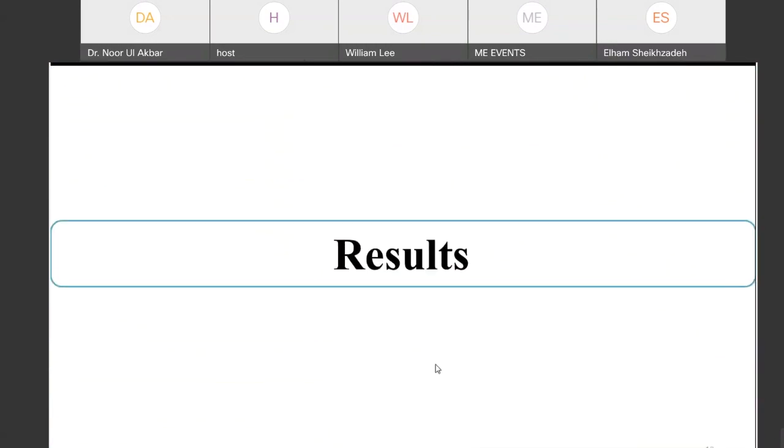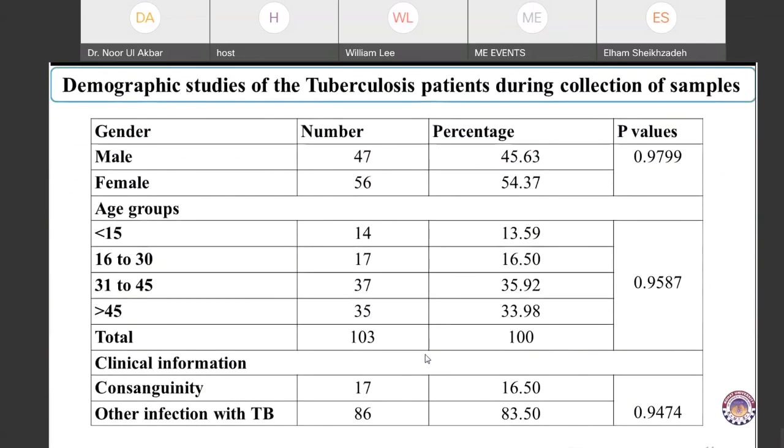These are the results. These are the demographic results. Here 47 were male, 56 were female, and those with age less than 15 were 14, and the total number was 103. These are the clinical information, where consanguinity was 17, and other infection with TB was 86.